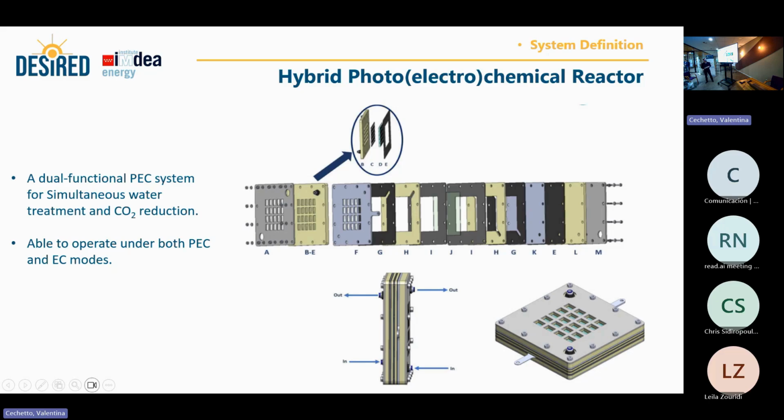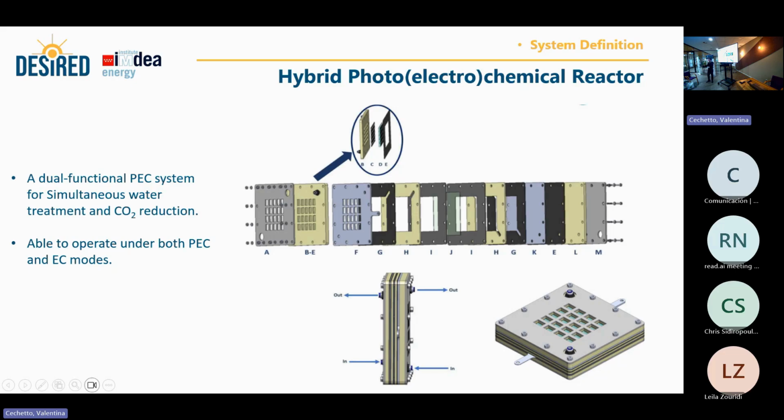The photoelectrochemical reactor receives wastewater from one side, and the water is treated and leaves the anode side of the reactor. On the other side, we have CO2, and the CO2 is reduced to some fuels. At the same time, this is a hybrid system, and it is able to operate under two different operational modes: the photoelectrochemical mode and the electrochemical mode.